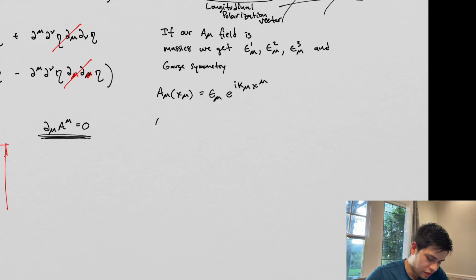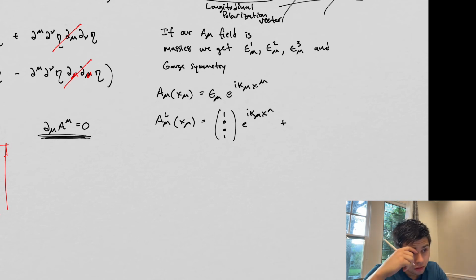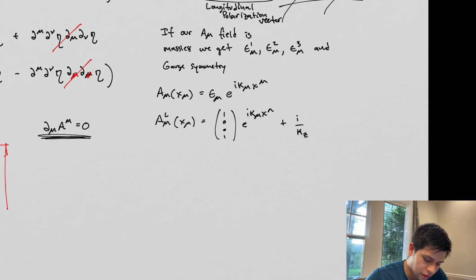And so, just as a quick example, A mu nu in the longitudinal direction as a function of x mu is 1, 0, 0, 1, e to the I k mu x mu, plus I over k z d mu e to the I k mu x mu.